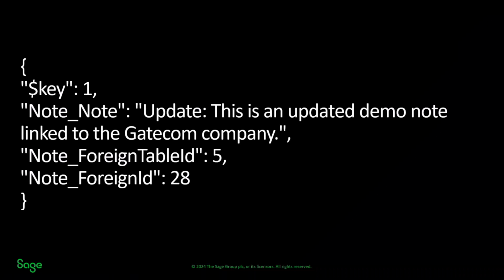In this particular case, this happens to be a little bit of information for an update, but let's assume that we were carrying out an insert. I wouldn't have included the $key equals 1, but the rest of the information is providing the key information that we need to successfully create our note. We have the note text.